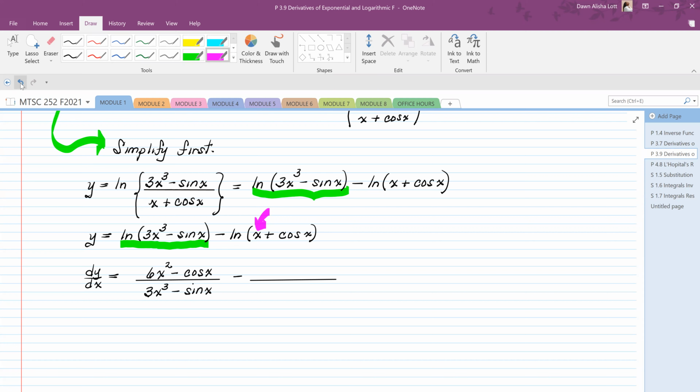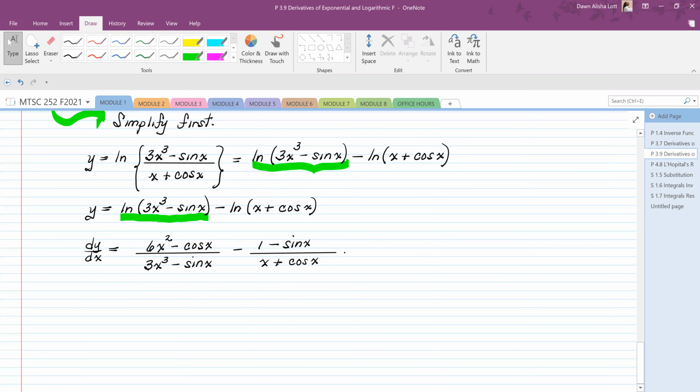Good, the derivative is just 1. Derivative of cosine x is the negative sine. Good. And what goes in the denominator? x plus cosine x. And the problem is done. Takes a minute to process, but once you get it, it just flows.